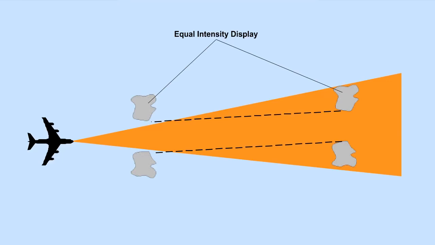The weather setting is the usual setting for cloud observation. Manual gain is not available, but an automatic gain control is operative, also called the swept gain facility. This ensures that the intensity of the display is independent of range up to about 25 nautical miles.